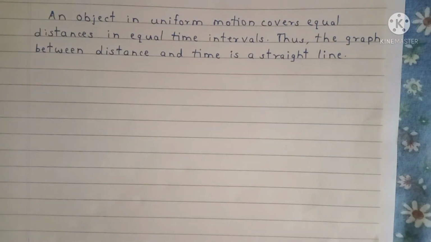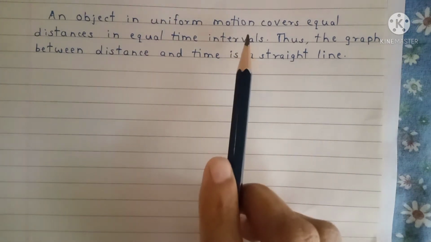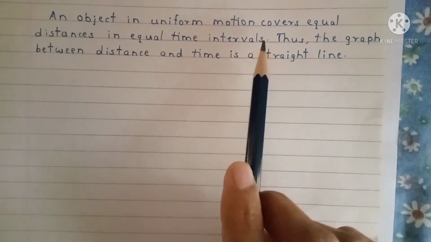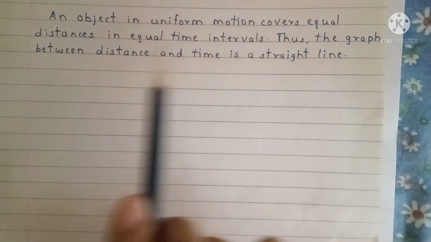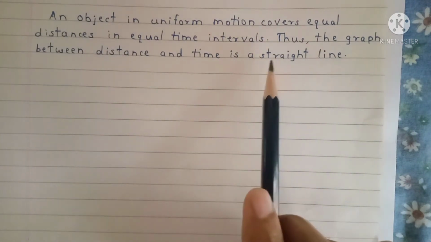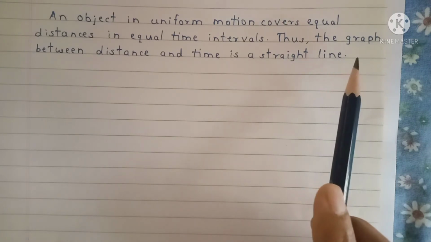So from this graph we can say that, children, an object in uniform motion covers equal distances in equal time intervals. Thus the graph between distance and time is a straight line. It means that the object has uniform motion.